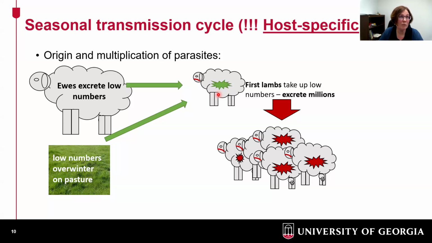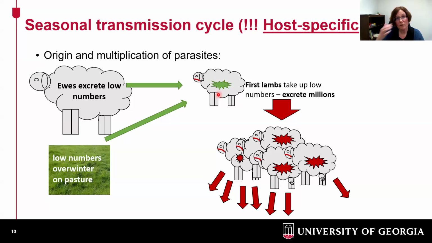And that will usually go with more significant clinical signs and more severe coccidiosis. And then those go on to shed a lot of oocysts again. So eventually, towards the end of the lambing or kidding season, you're looking at a highly contaminated environment, and that's just by nature of that life cycle.